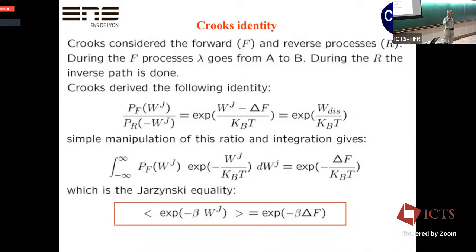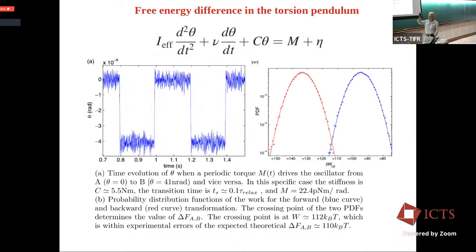Is this clear? Then I gave you a simple example on a simple system, my torsion pendulum that is described by this equation. We apply a very fast torque to the system that drives the system from this state, the state A, to the state B. The transformation here is very, very fast with respect to the relaxation time of the system.